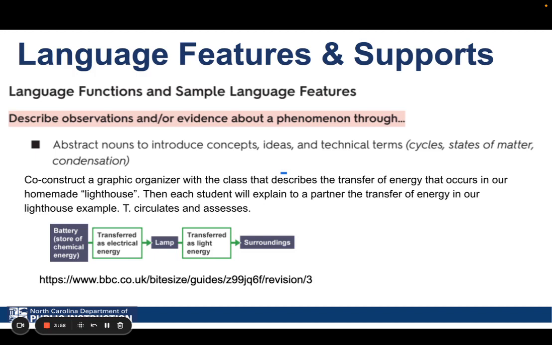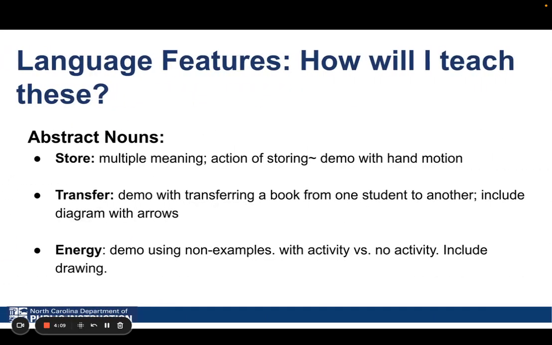And so, how did I teach those abstract nouns to my students that had to do with the explanation of the transfer of electricity? First of all, I simply identified those abstract nouns. Store, as far as storing electricity.